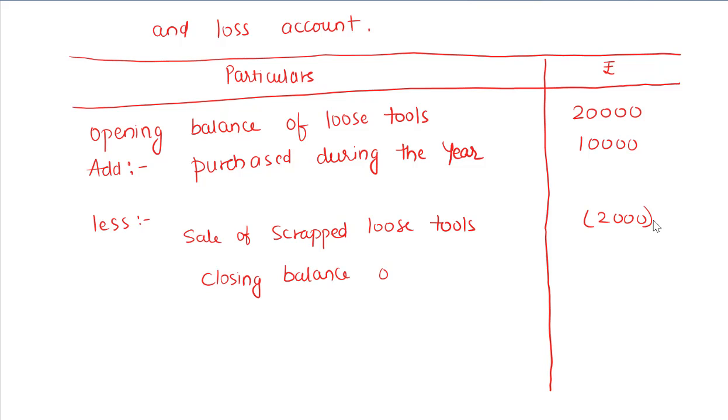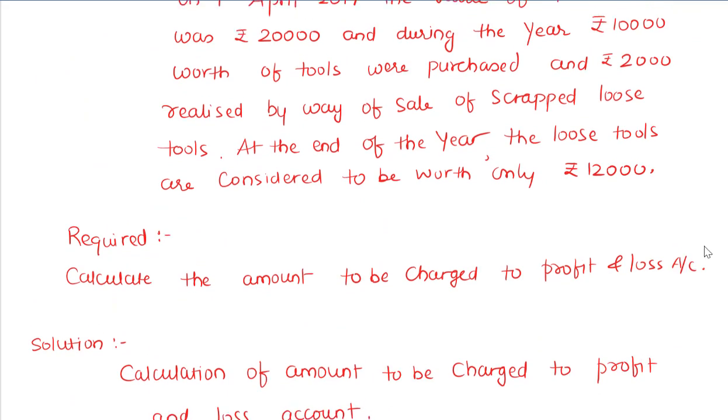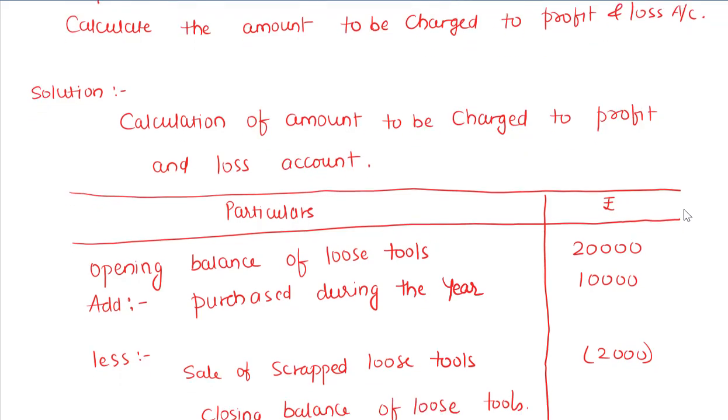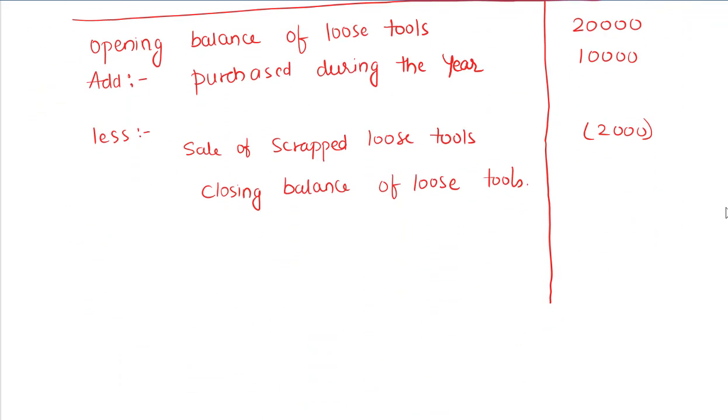Closing balance of loose tools, it is revalued to 12,000. As you have seen in the last line, the loose tools are considered to be worth only 12,000.